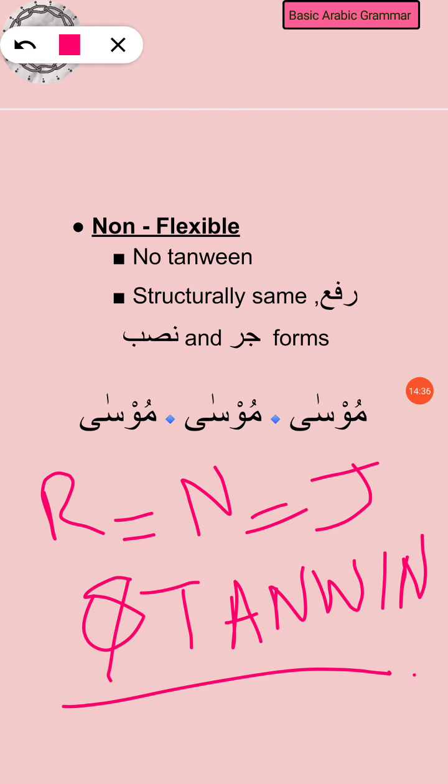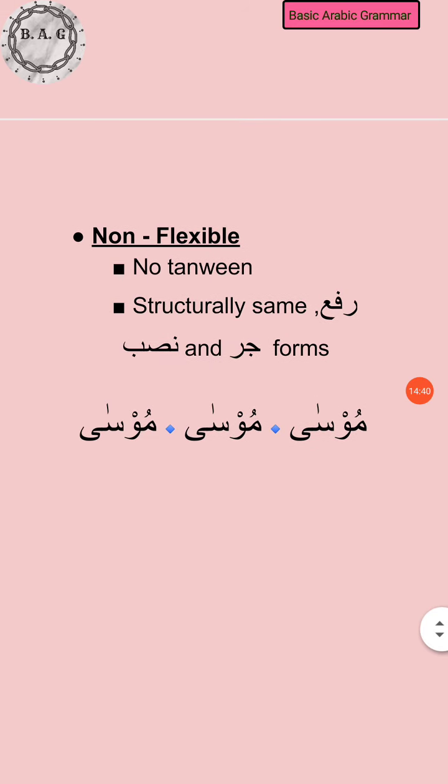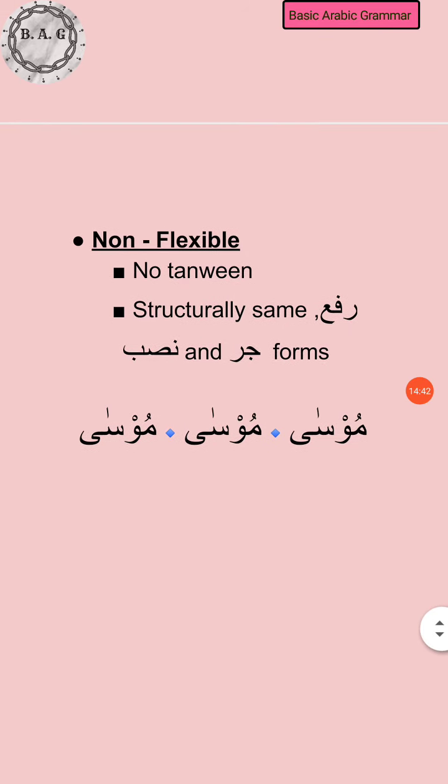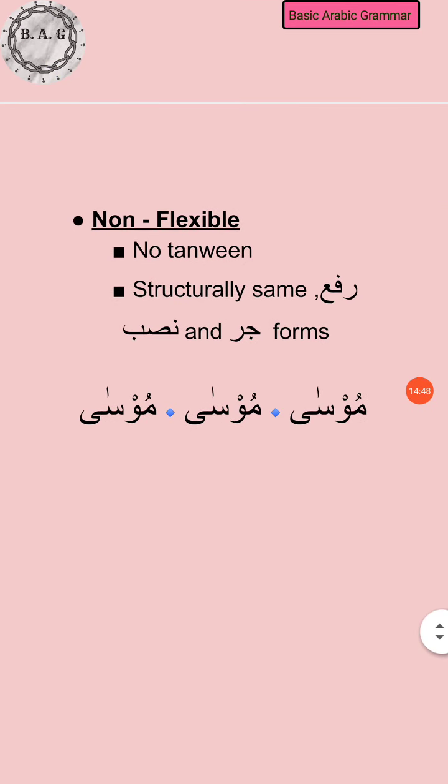So now to sum it all up, let's just do it this way. It's not zooming in, so I'll just write it down here. We have three groups of ism.